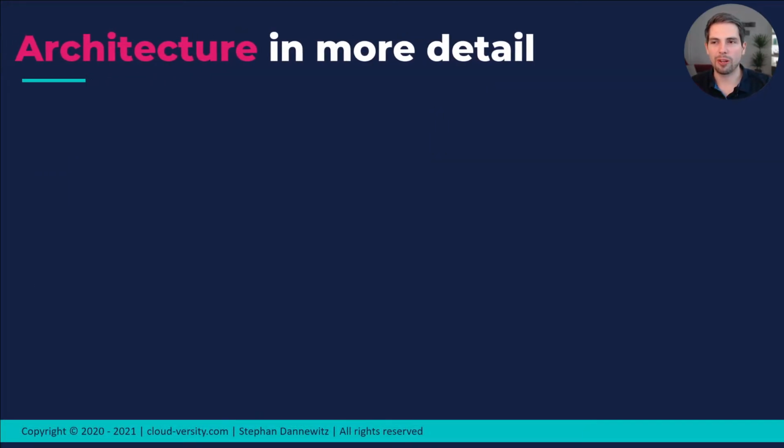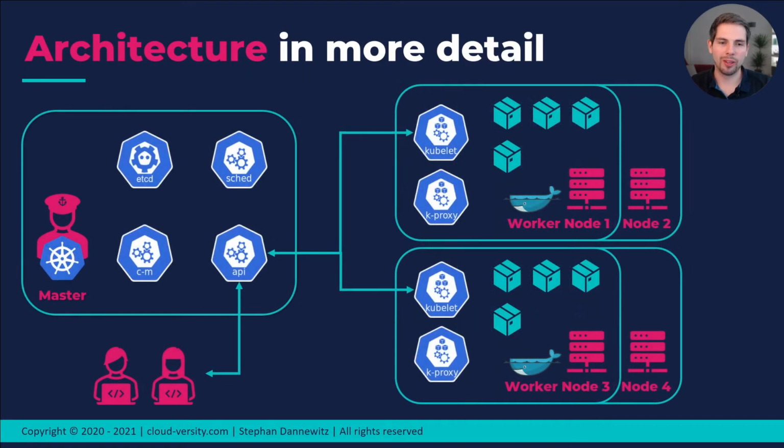Okay, so let's go even more into detail. To make up our Kubernetes cluster, we have different components and services that we need to install. One of the services we need is the kubelet. The kubelet is an agent which needs to run on each host in our Kubernetes cluster.